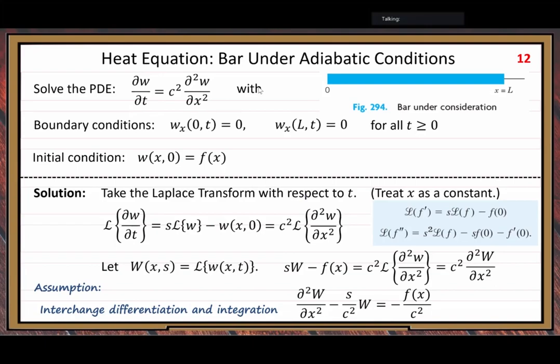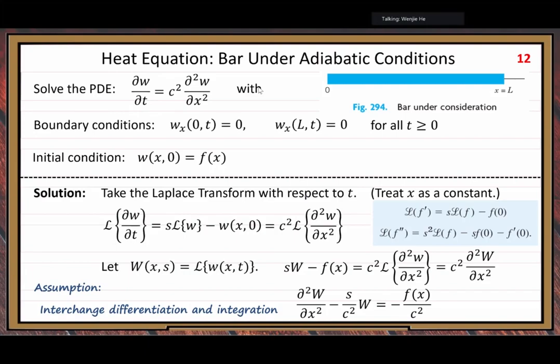Although these are partial second derivatives, we treat them as ordinary differentiation. So then we have an ODE with only one variable x.